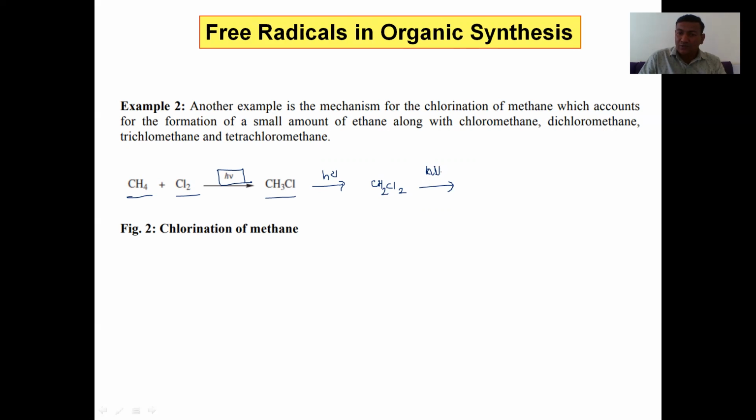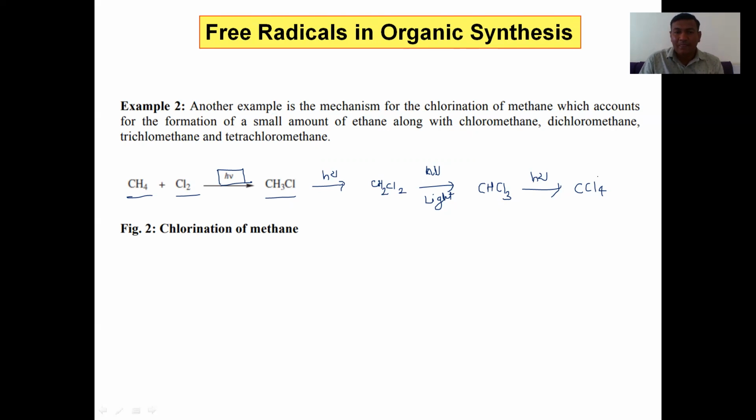Again we use this light, or we can write h nu, then there will be formation of chloroform, and again we can prepare it up to carbon tetrachloride, or tetrachloromethane.